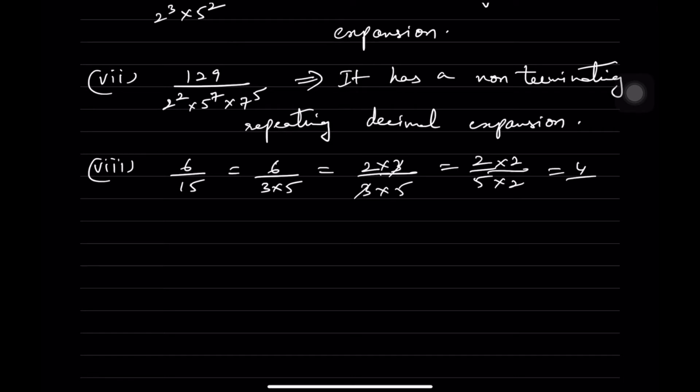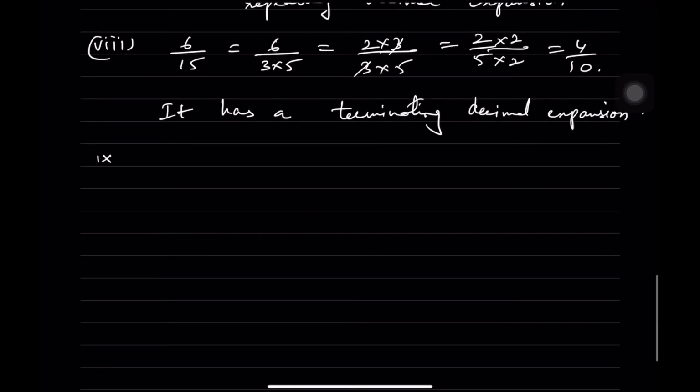So you're going to get it as 4 by 10. Since the denominator is a multiple of 10, or a multiple of 2 and 5, therefore it is a terminating decimal expansion.